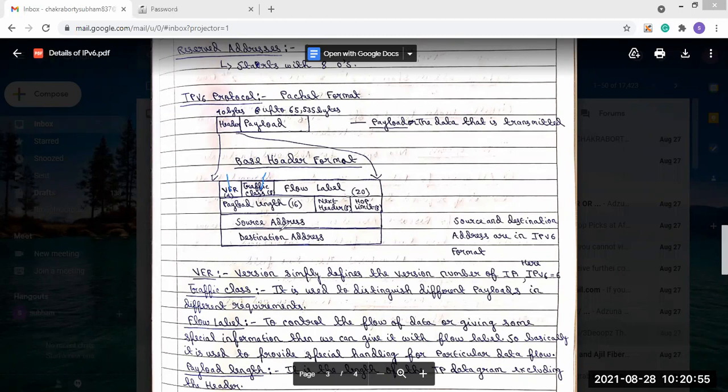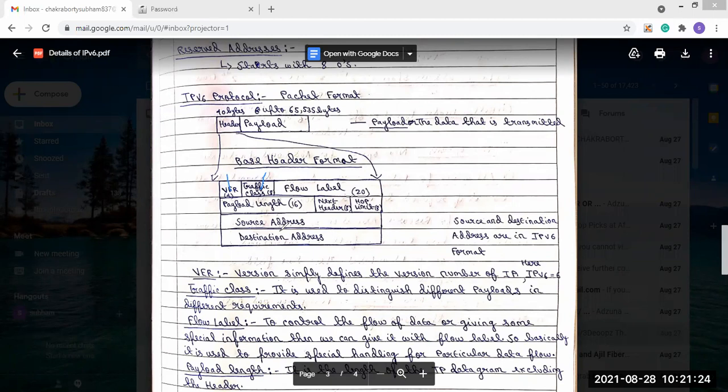Now, the first field is the version. What is the version field used for? You already know that in IPv4 also, the version field is present in the header format. The version field is basically 4 bits, and it simply defines the version number of the IP, that is, which version of IP you are using.